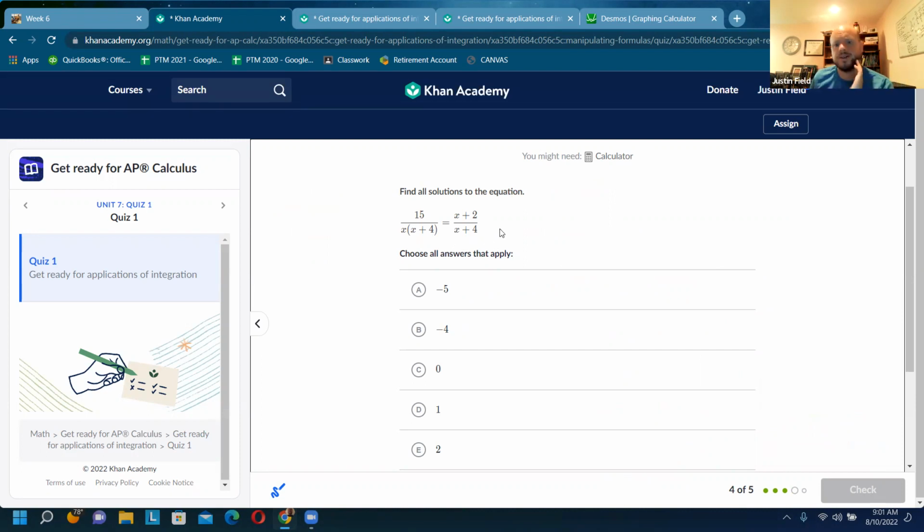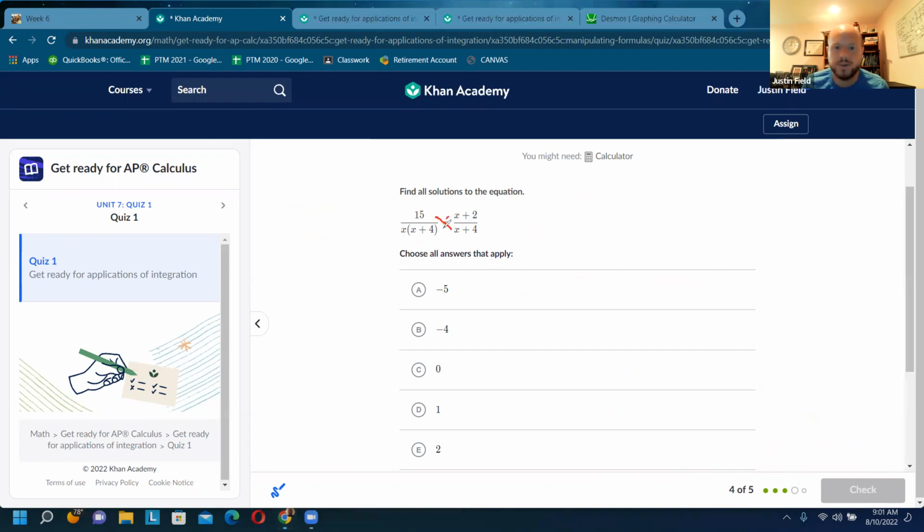All right. Not so bad, because I see a fraction equal to a fraction. And so what do we do? Always cross multiply. Don't care if it's calculus or algebra 1. So 15 times x plus 4 equals x plus 4, x plus 2.